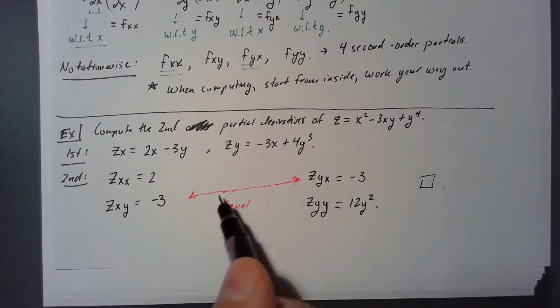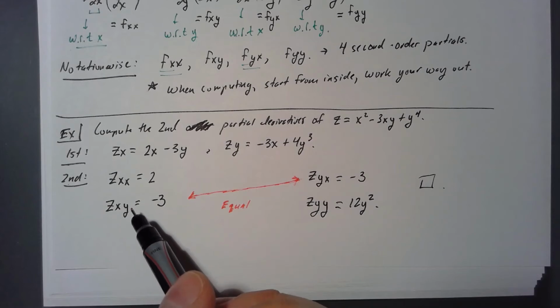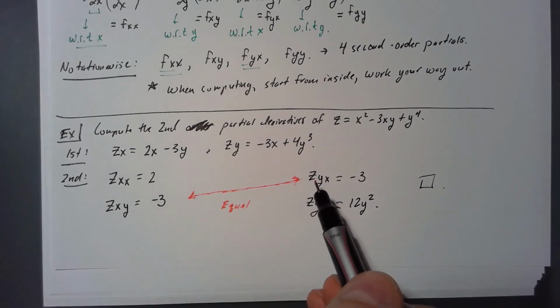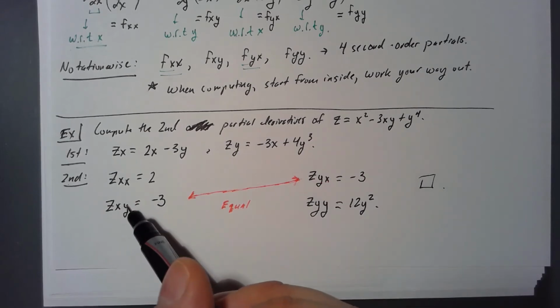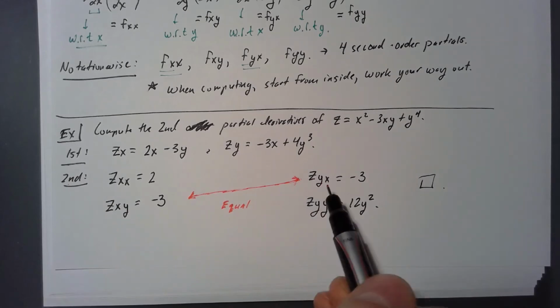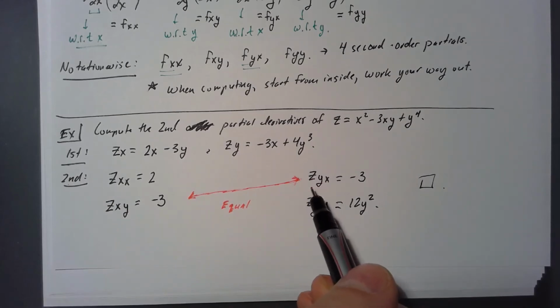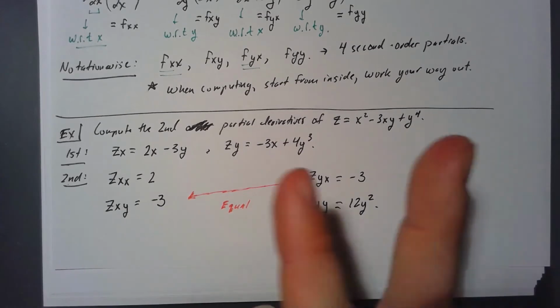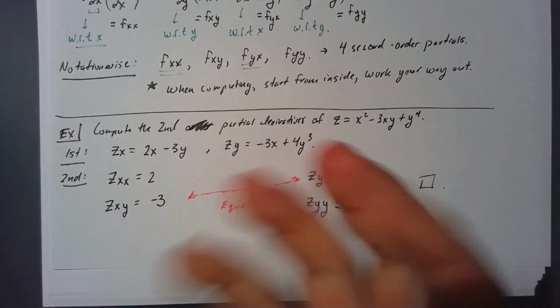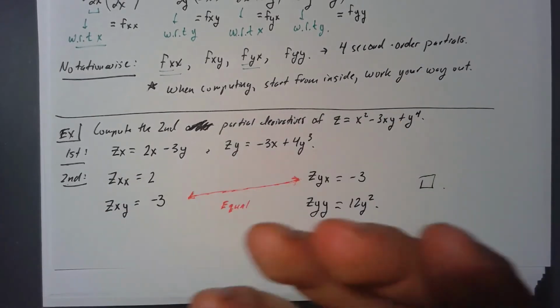If you look here, this is the partial derivative xy. This is the partial derivative yx. xy, yx. Those are called mixed partials because they contain the same variables. They're flipped around, or in other words, they're mixed.